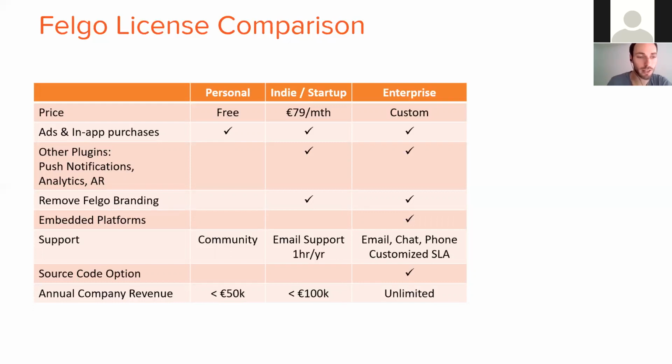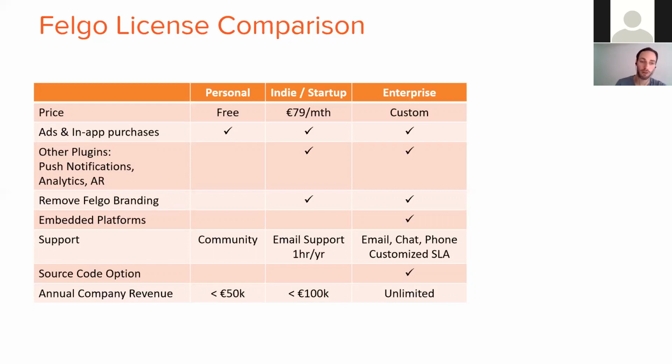For startups, there is a startup or indie license available, which is 79 euros a month, which doesn't have any Felgo branding anymore, and adds all of the plugins like push notifications, and also adds email support on top of that. And then there is the license for enterprises, which is custom pricing based on the target platforms that you're having.